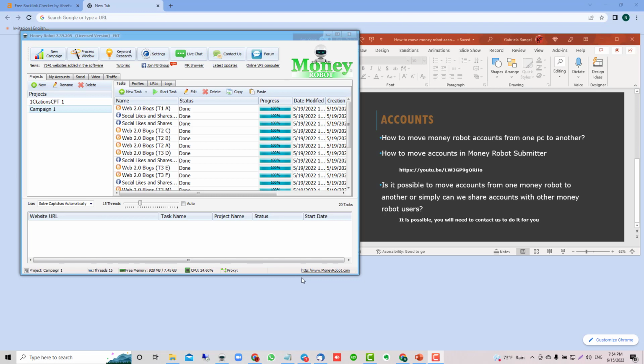If you are on PC1 and PC2, or VPS1 and VPS2, if you are on two different machines, you are sharing your accounts.